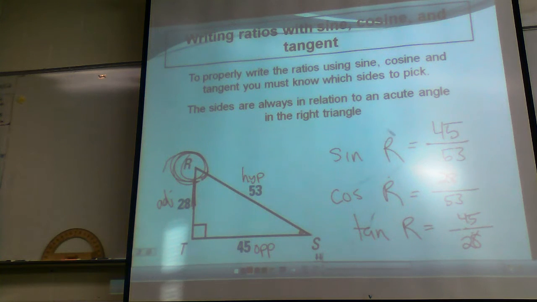All right, now, the whole point of being able to set these up is again to find side length. Because everything else that we work with beyond this chapter is probably in one way or another getting broken up into right triangles.